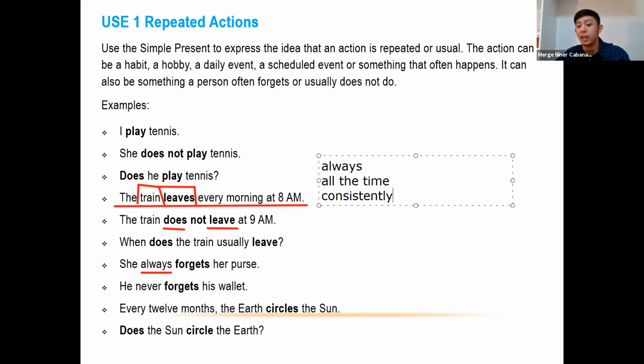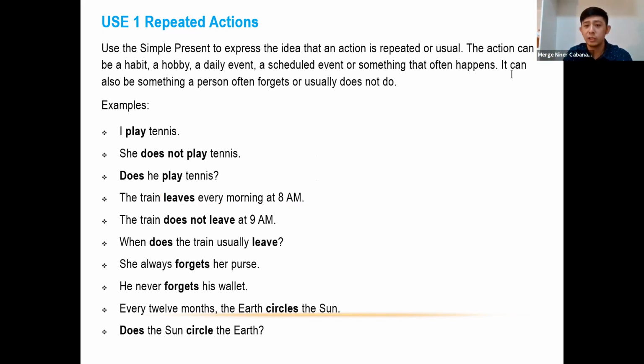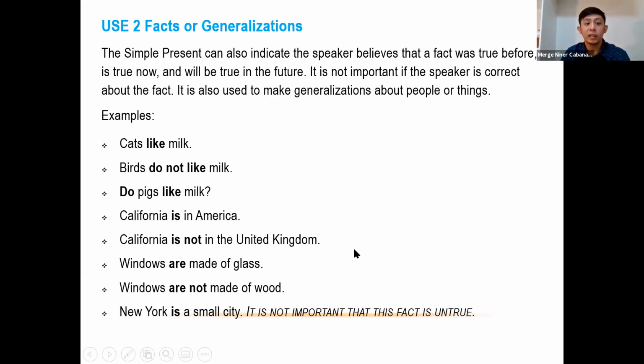If that is the sense you want to put in your sentence, you need to use the simple present tense. So we're very clear about the use of the simple present tense. Number one, the first use is for repeated action. It is always happening. It goes on schedule. It is a scheduled event. Even though it's not yet happening now, it will be happening in the near future, so you use this because it is a scheduled event. Remember that.